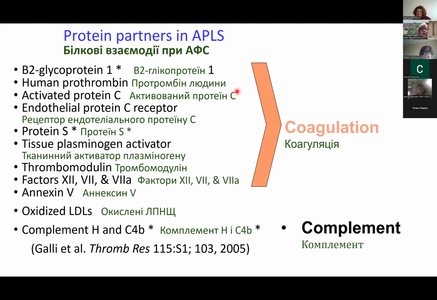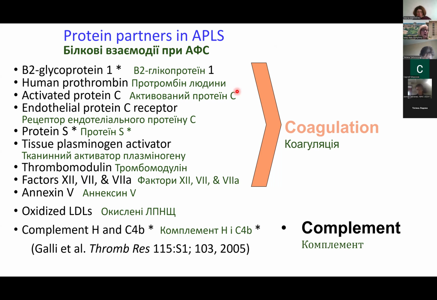So what are some of the partners, complement proteins and clotting factors that combine with APLS? You can have beta-2-glycoprotein, human prothrombin, activated protein C, endothelial protein C receptor, protein S, tissue plasminogen activator, thrombomodulin, and then factors 12, 7, and 7A.